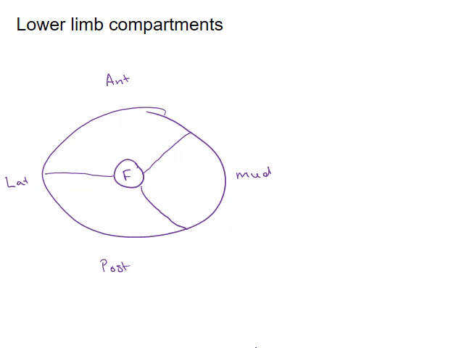In the anterior compartment, we have got the quadriceps, and those muscles are responsible for giving us extension specifically at the knee. Some hip flexion as well. In the medial compartment, we have got the adductors, which are going to be bringing the thigh from away from midline back towards midline.